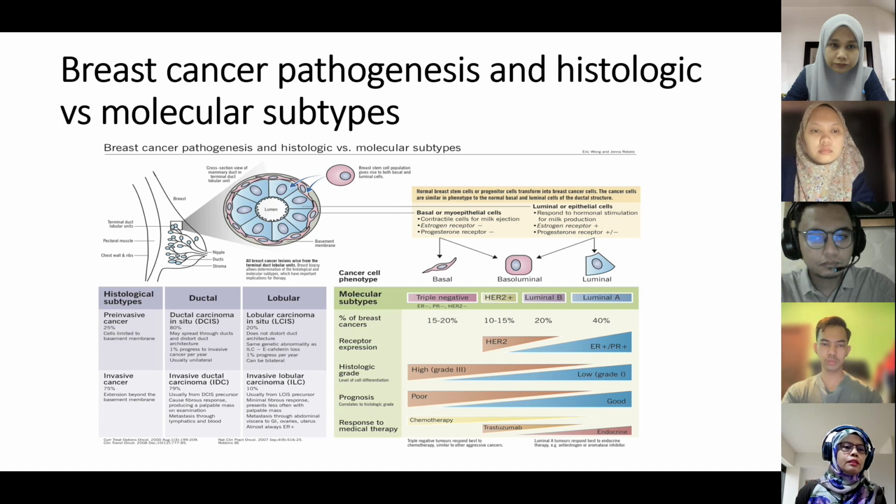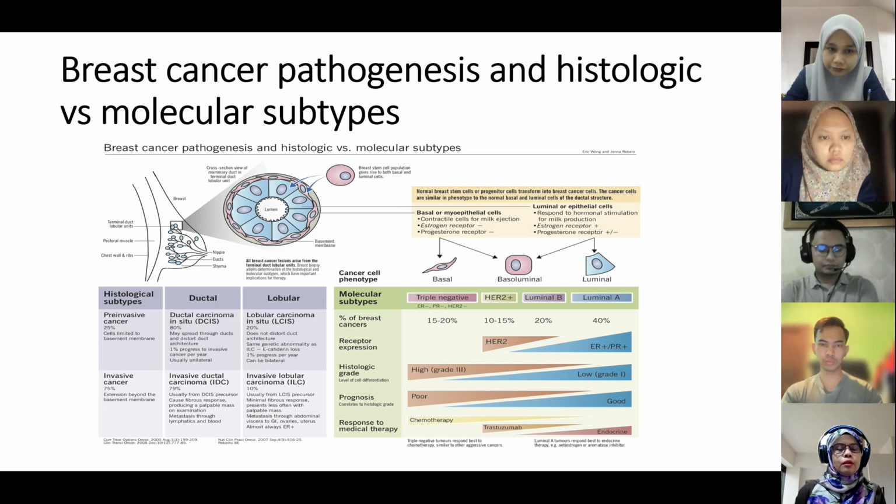We start with the pre-invasive cancer, for ductal cell and lobular cell, because under breast cancer we have two common breast cancers, which are ductal and lobular according to the cell type.